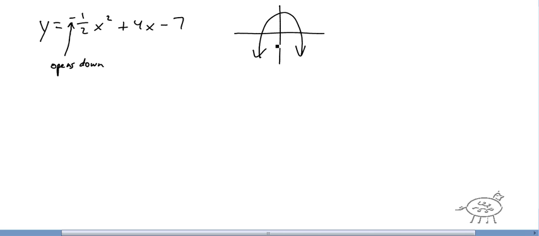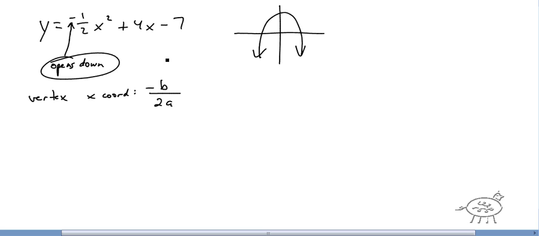So this is definitely the first thing. The next thing I want to do is find the vertex. To find the x-coordinate of the vertex, remember it's the opposite of b over 2 times a. In this case, our a is negative 1/2, our b is 4, and our c is negative 7.